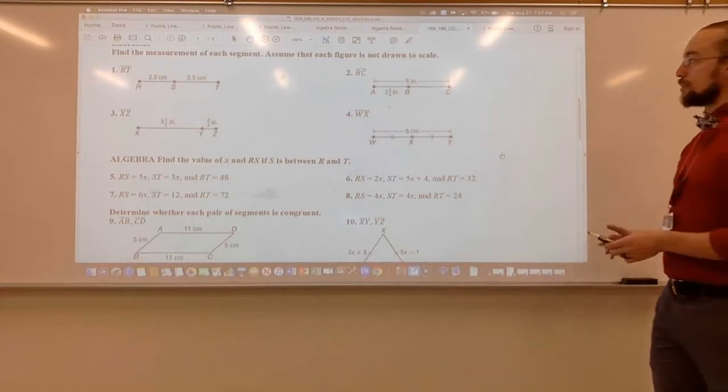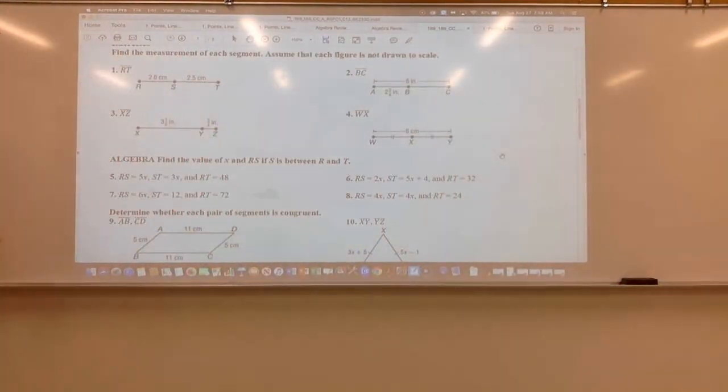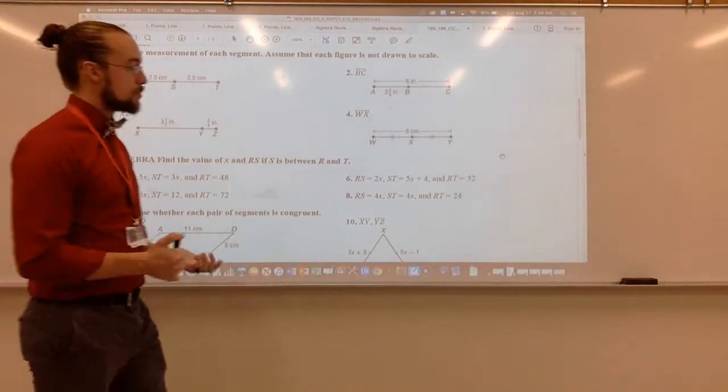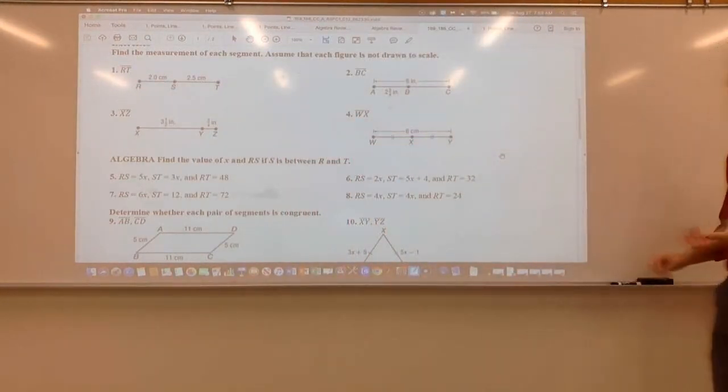Go ahead and try all 4 of these. Pay attention to which piece you are asked for. You don't have to set up a full equation for these ones. These ones should be straightforward, except for maybe number 4. Number 4 looks a little bit weird. We'll talk about that one here in a second.